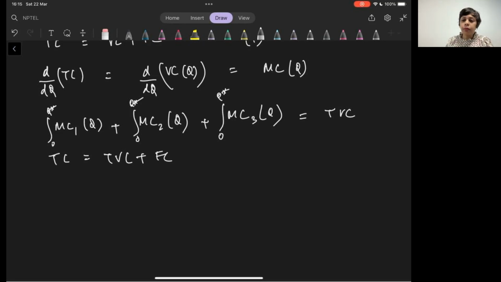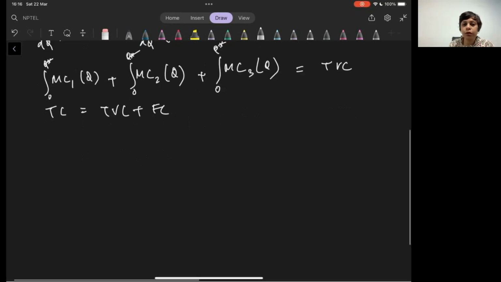So that is why summation of marginal cost of each short run will not give you the total cost, unless in an exceptional circumstance fixed cost is 0, then it will be equal. But we're not talking about exceptional circumstances. If you're given that fixed cost is 0, then it's a different thing, but we're not given any such information. So therefore, the summation of marginal cost over several short runs is not equal to total cost.